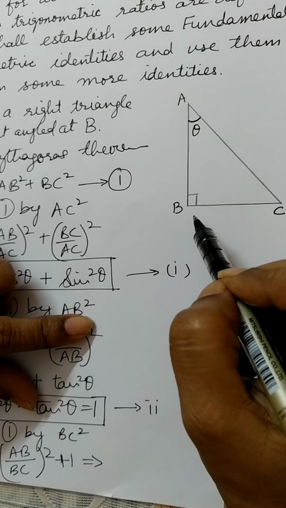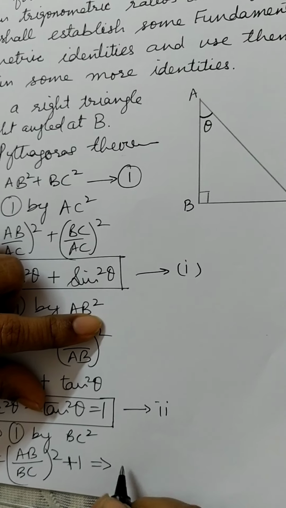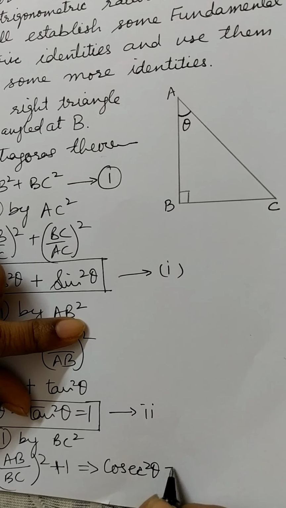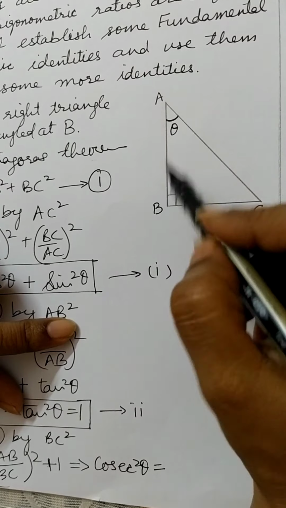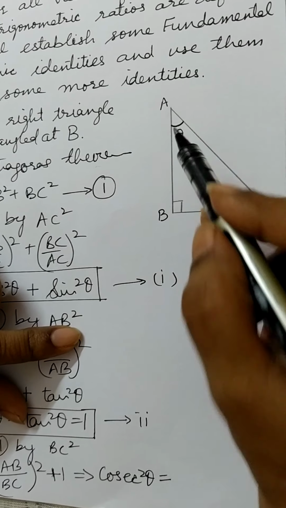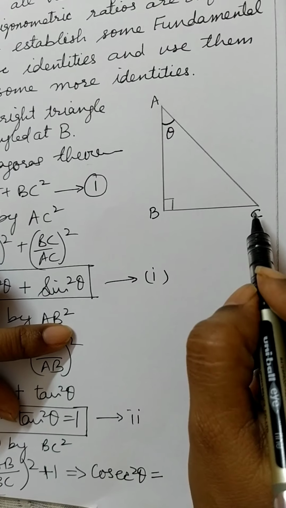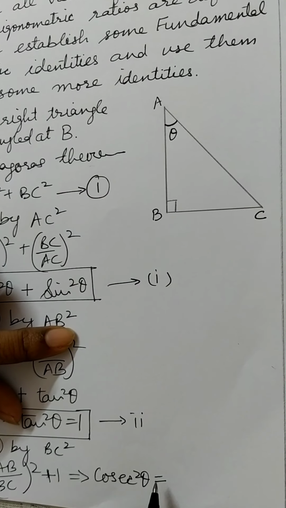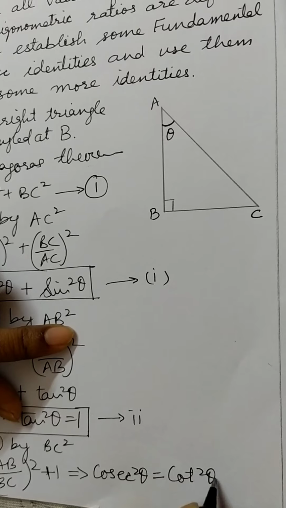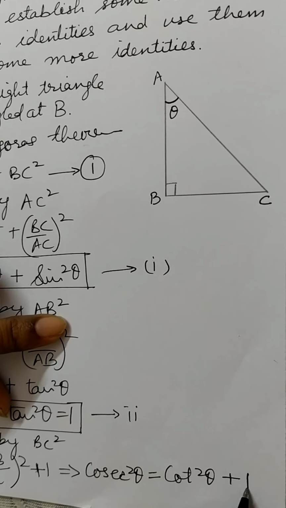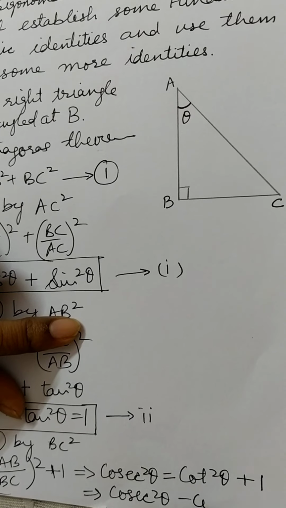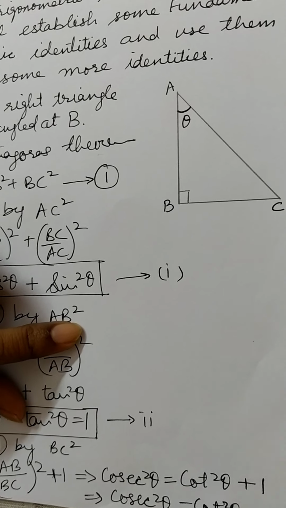So hypotenuse upon opposite side is cosec theta. So it will be square of cosec theta equal to AB upon BC. Now AB is the side adjacent to theta and BC is the side opposite to theta. So adjacent side upon opposite side is cot theta. So cot square theta plus 1. Or we can write it as cosec square theta minus cot square theta is equal to 1.